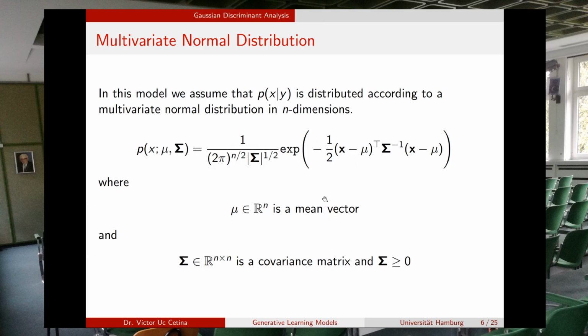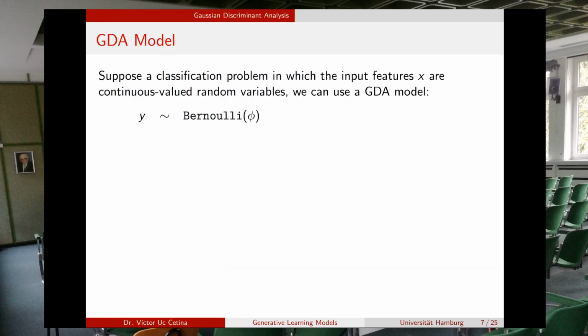So it is important to review the elements in this formula, because these are the elements that you will need for implementing Gaussian discriminant analysis. So let's see how we can do that.